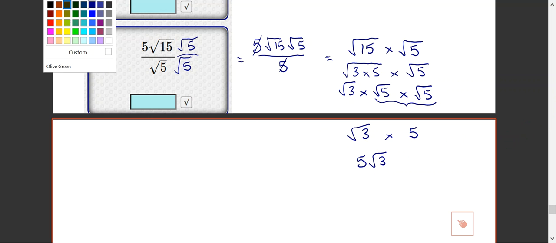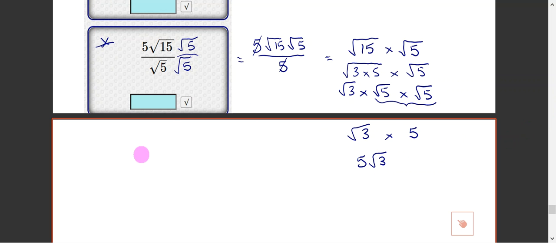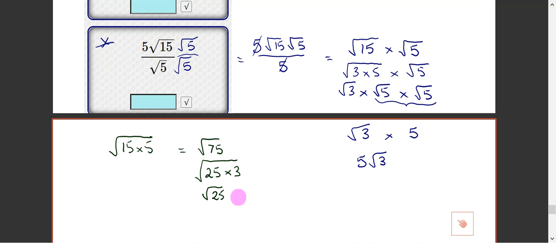Now, just so I don't completely dismiss what Gordon said, if we'd have done root 15 times 5 to make root 75, what would you have then done? You'd have done root 25 times 3, which is root 25 times root 3, which is 5 root 3. We'd have got there anyway, all right? I just didn't want to stop at the root 75.